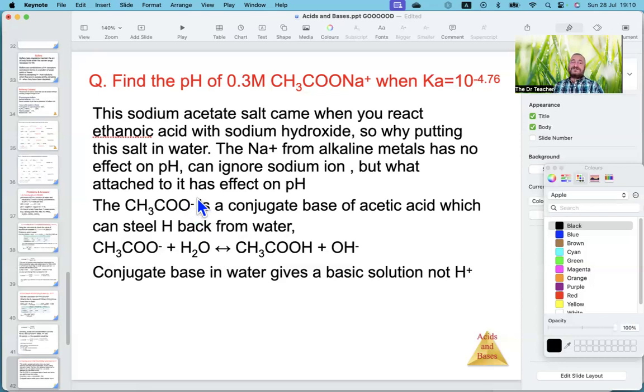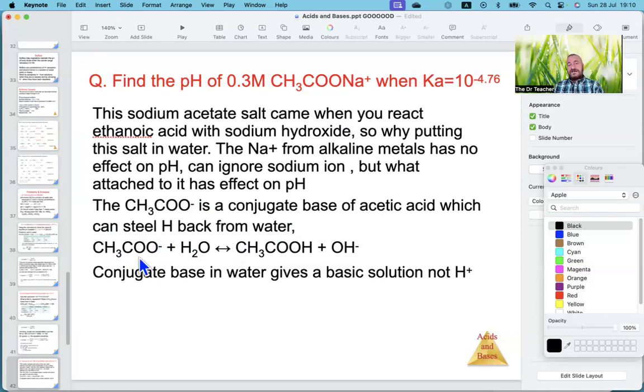Look, it's a minus, and this was plus. So this will become a minus. Why? Because it took one electron from the sodium. Okay, so this is important now. The conjugate base of acetic acid can steal hydrogen back from water.